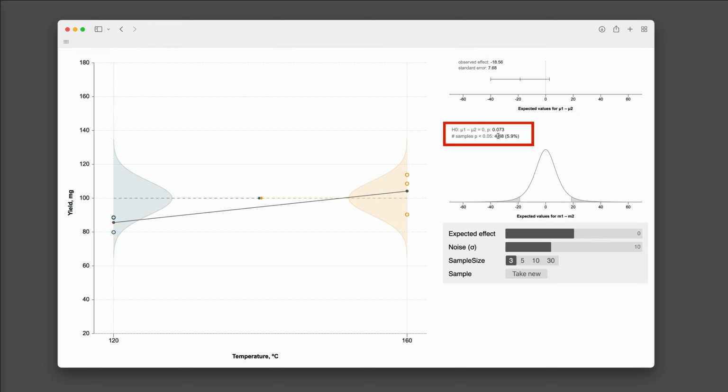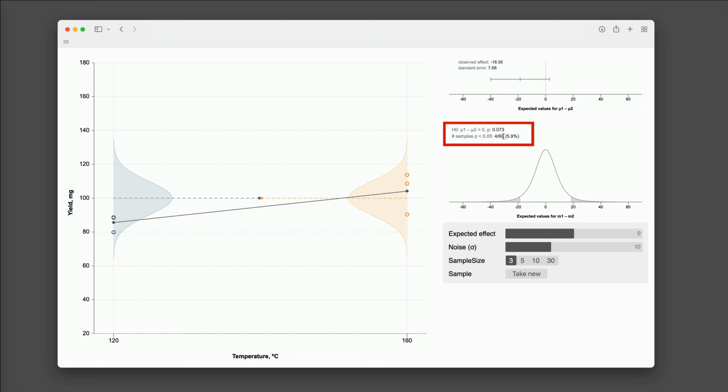You can see that I ran this process 68 times. Each time I ran it 3 times at 160 degrees and 3 times at 120 degrees, and then I compute the mean, and then I do this inference, right? And you can see that in 4 out of 68, I incorrectly rejected the null hypothesis.